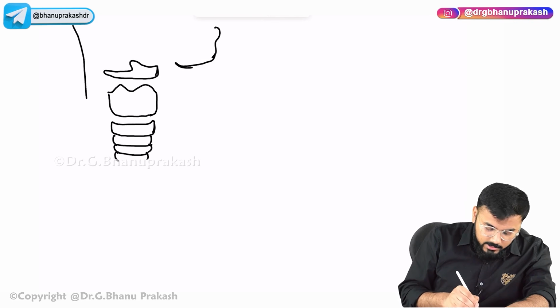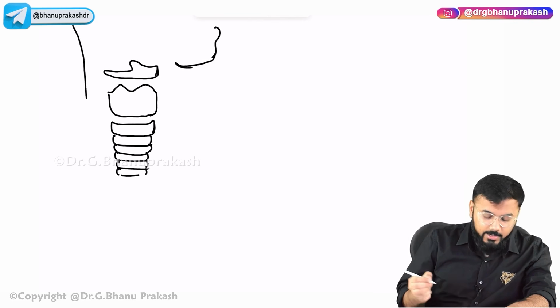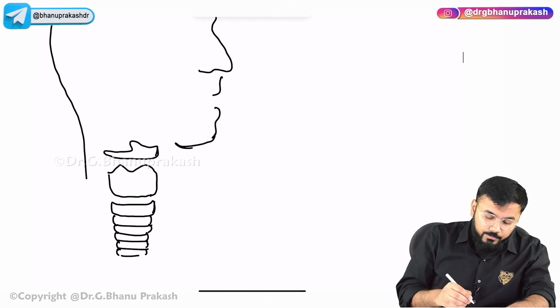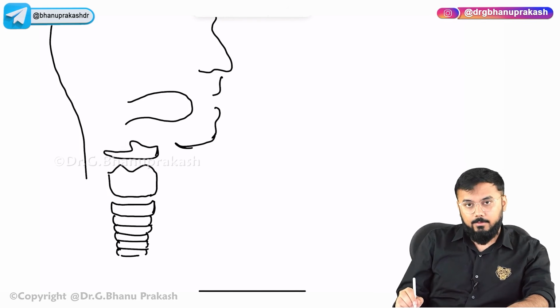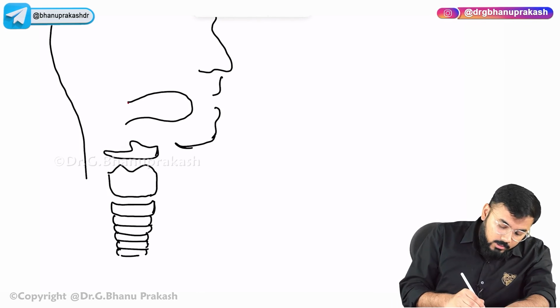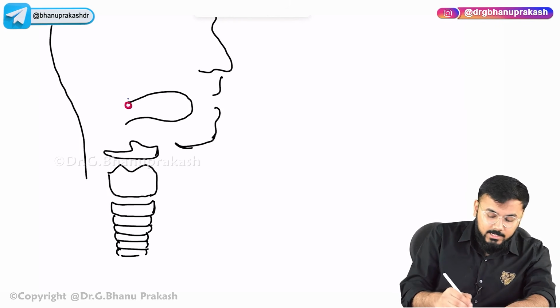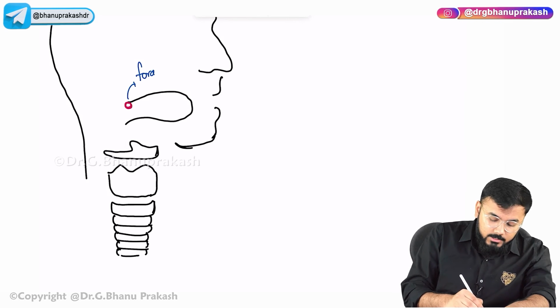Now here you have your tongue. Completely on the back of the tongue there is a small opening called the foramen cecum, which I just told you.